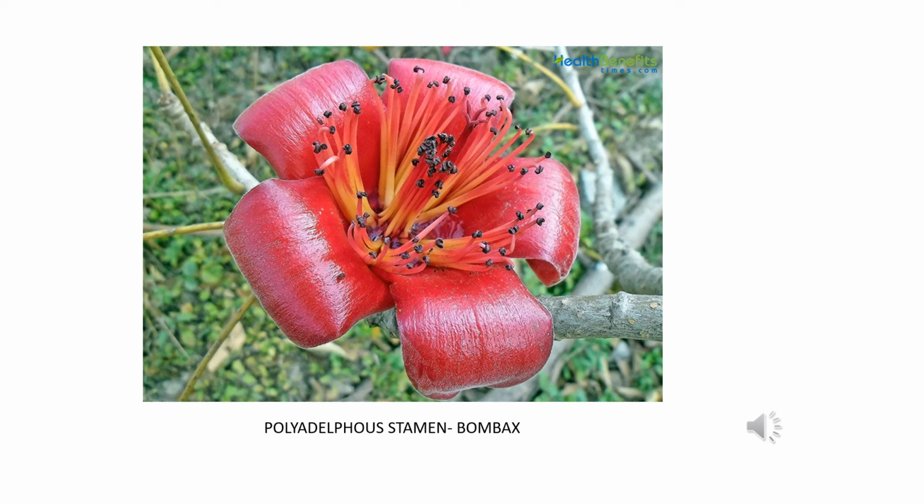And in some of the flowers, the stamens might be bunched into multiple groups, just as in the picture shown in this slide. This is an example of bombax flower or the flower of cotton plant. This type of stamen, in which there are multiple groups of stamens, is called polyadelphous stamen.